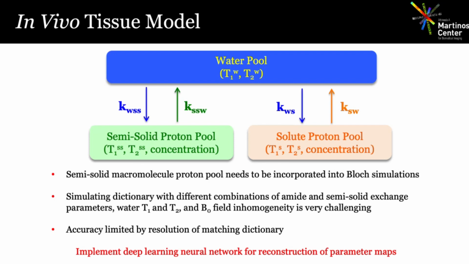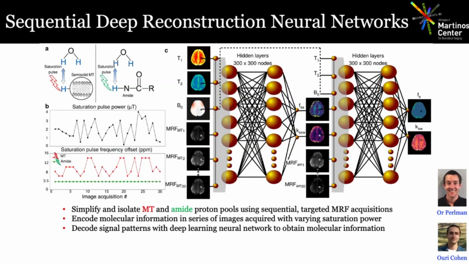And so we moved to implementing a deep learning neural network to do this reconstruction of our parameter maps instead. We first try to simplify and isolate the semi-solid and the amide pools using sequential targeted fingerprinting acquisitions. So we vary the saturation power, and then we vary the saturation frequency offset here between 6 and 14 ppm, so we're just hitting the semi-solid pool.